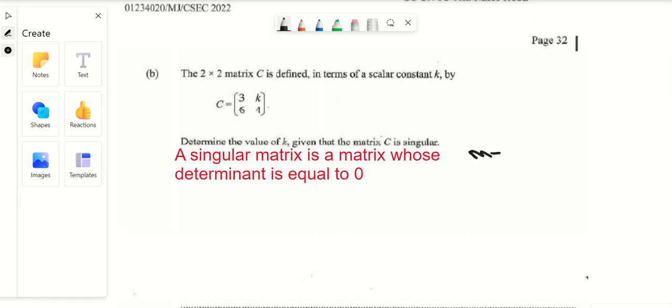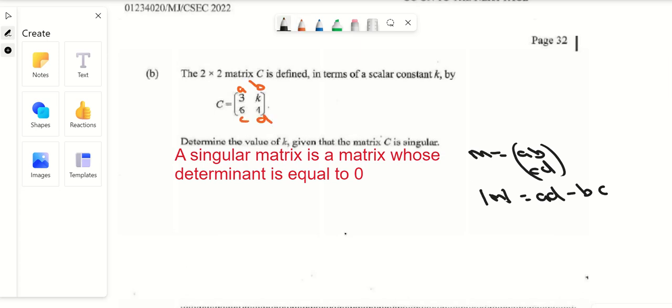Let's say matrix M is equals to A, B, C, D. Right? The determinant of M, you could put two little lines at the side. Right? The determinant of M is equals to AD minus BC. Right? And we'll label it. This is A, this is B, this is C, this is D, right?